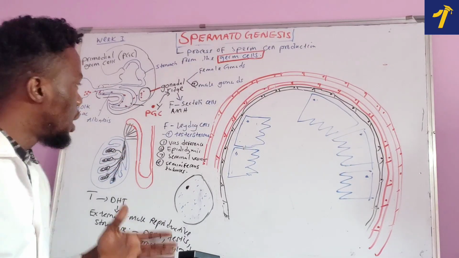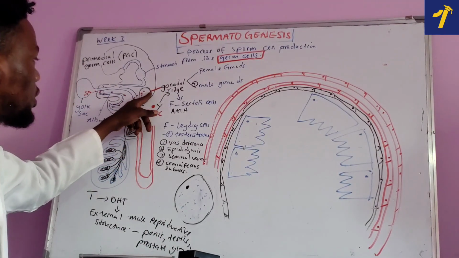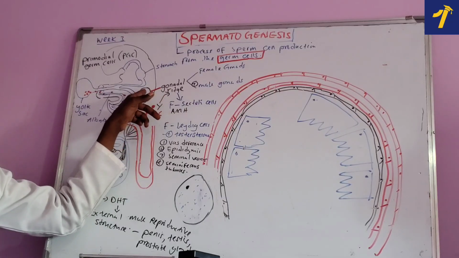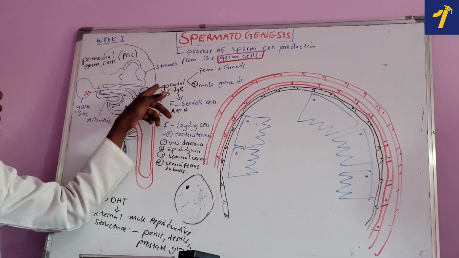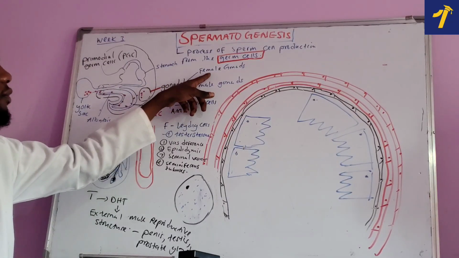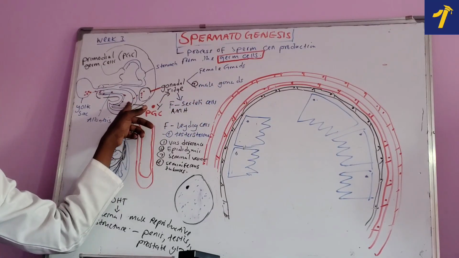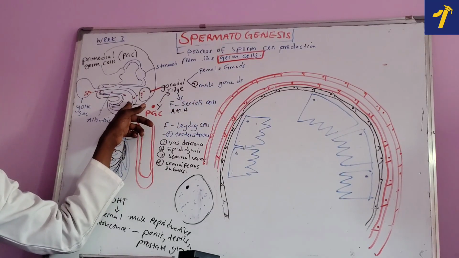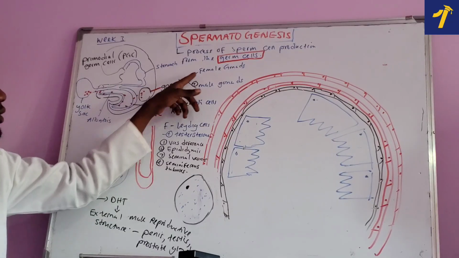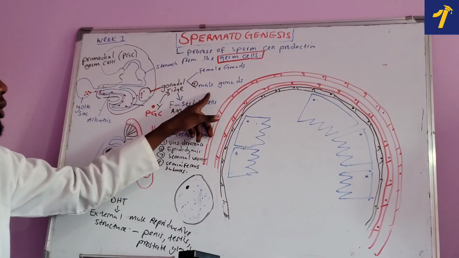Now, upon reaching the gonadal ridge, what did we say? This gonadal ridge is able to differentiate into the female gonads and the male gonads.